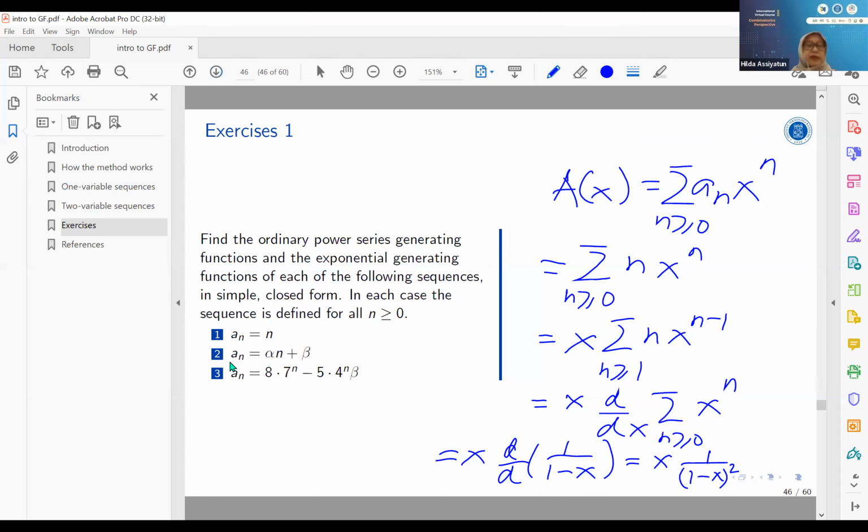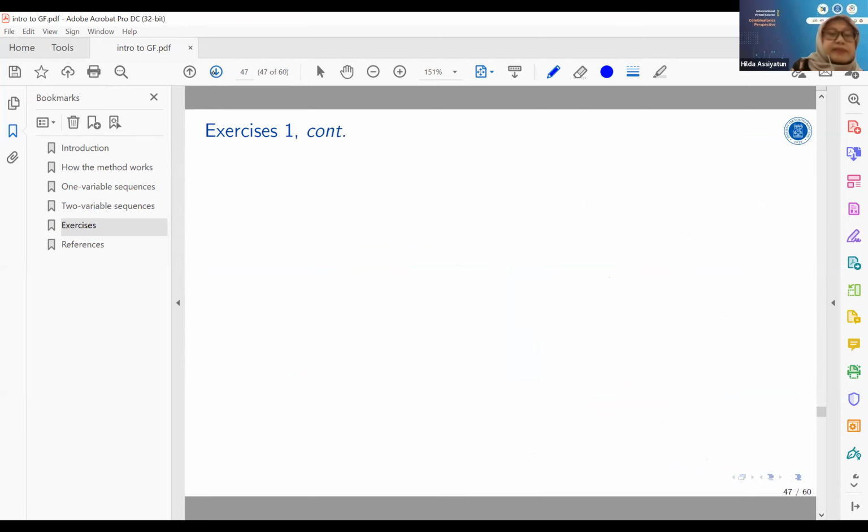I will leave the second one for you to read by yourself. Okay, let's see the equation here. What is it? a_n equals 8·7^n minus 5.